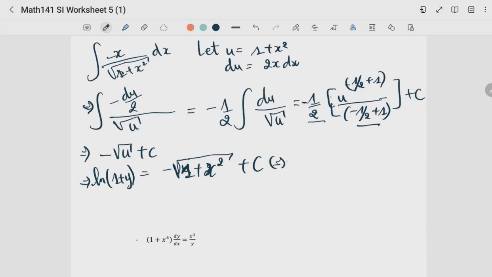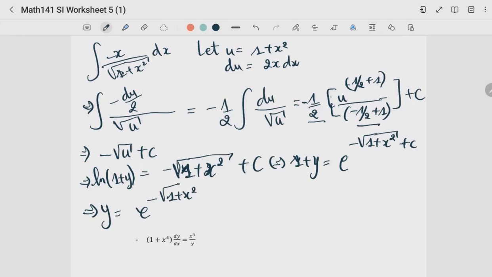And therefore we have 1 plus y is equal to e to the negative root of 1 plus x squared plus c. And that means that y is just e to the negative root of 1 plus x squared plus c, minus 1. And this is our final answer. Okay, so hopefully it makes sense.